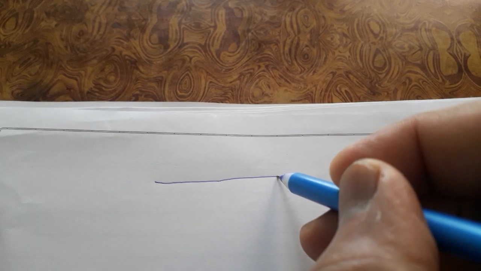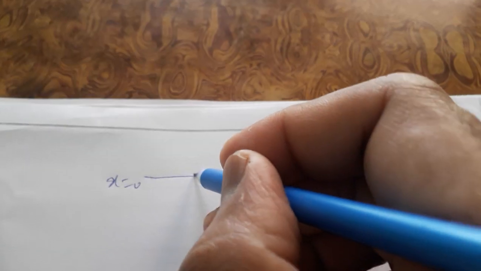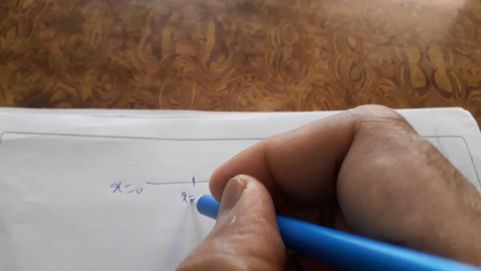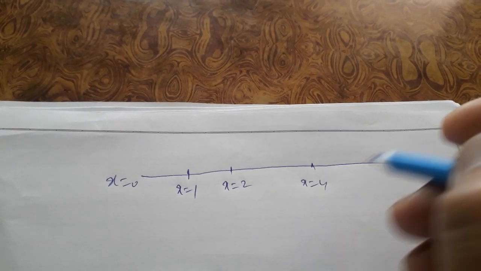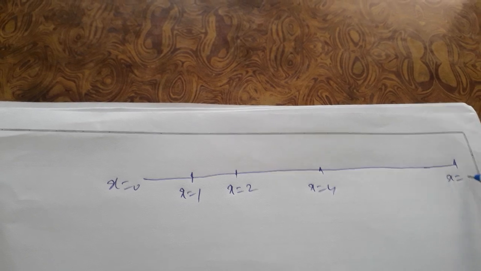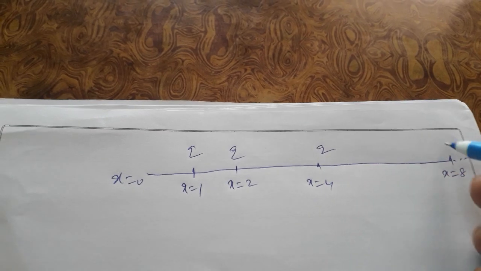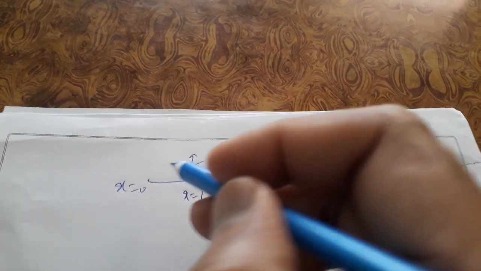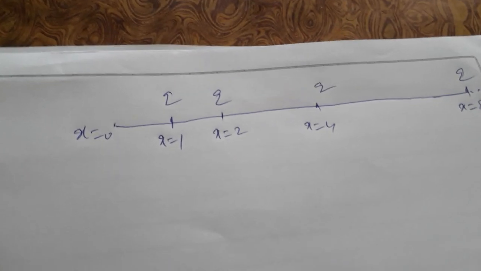Okay, let us now start to solve the sum. This is the condition given to you. x equal to 0, x equal to 1, x equal to 2, x equal to 4, x equal to 8 and so on, with charges Q, Q, Q and Q. At the point x equal to 0 you have to find the electric field and electric potential.